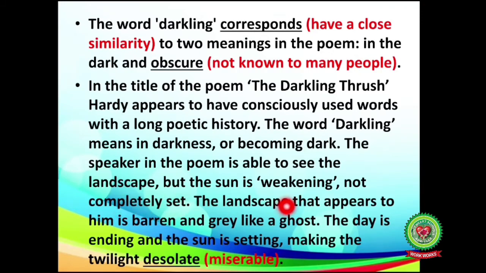The landscape that appears to him is barren and grey like a ghost. The day is ending and the sun is setting, making the twilight desolate. Desolate means miserable. So as the sun is setting and the day is ending, it is getting dark. So this image of darkness makes even the twilight miserable.